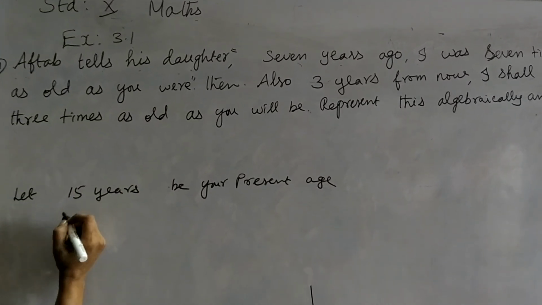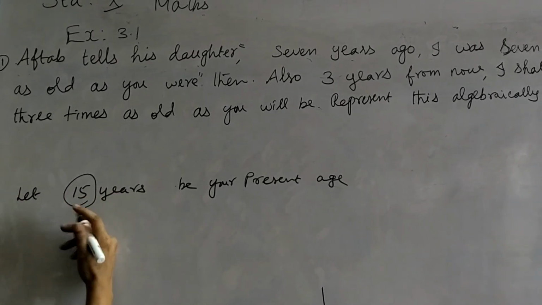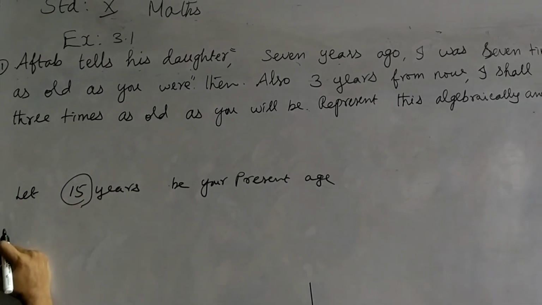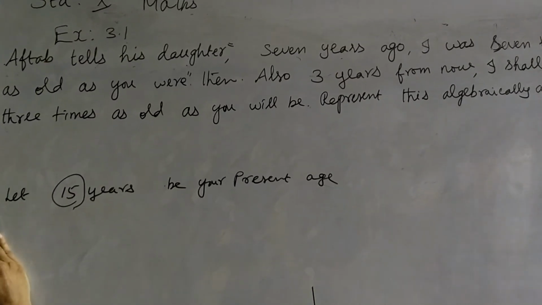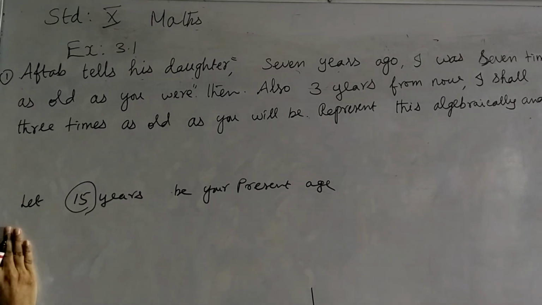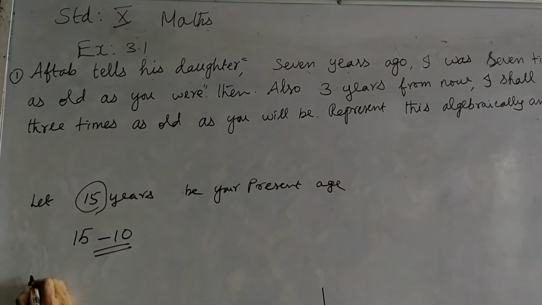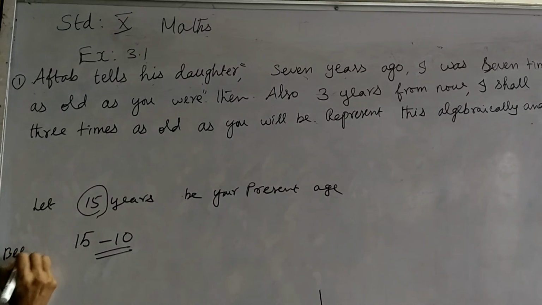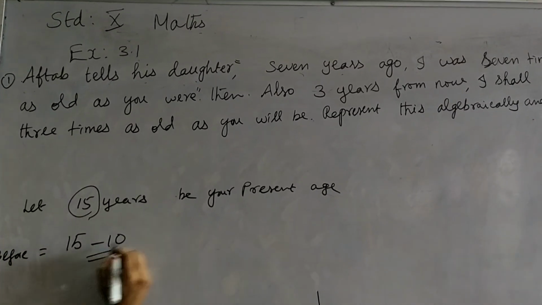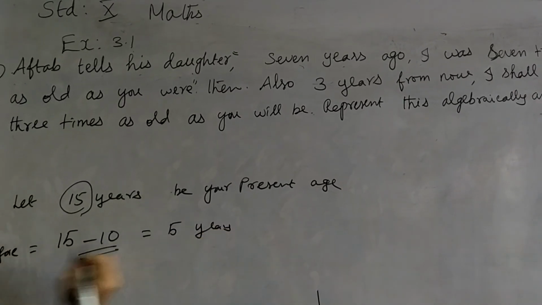The present age is 15 years. Before 10 years, should we subtract or should we add? Before 10 years means it is 15 minus 10. So before 10 years, your age was 5 years.